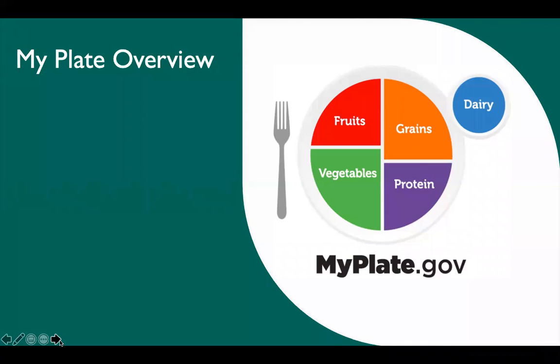So I'm sure many of you have seen the My Plate image or diagram before. This was made by the USDA, and the goal is to show what an American's plate should look like at every meal. So half of your plate should be fruits and vegetables, the other half should be grains and protein, and then you should have a non-fat or low-fat dairy option with every meal.